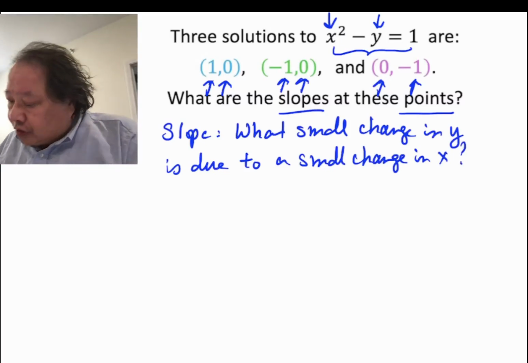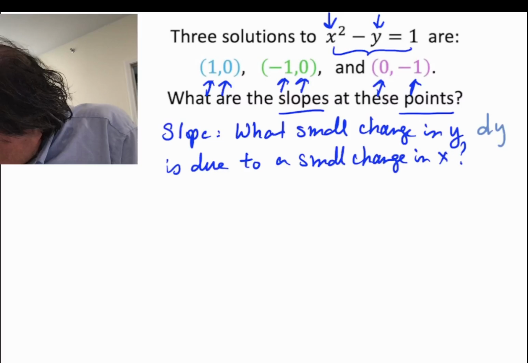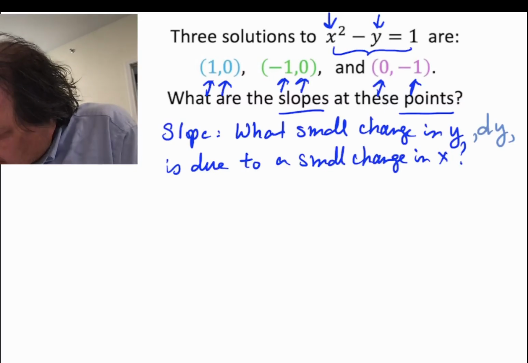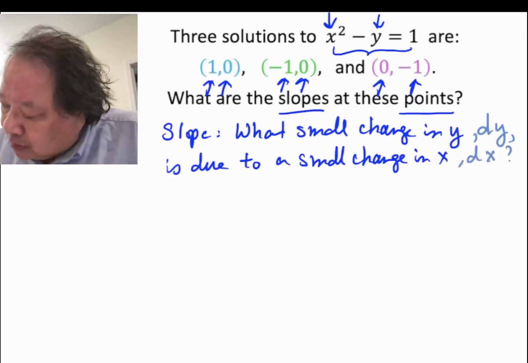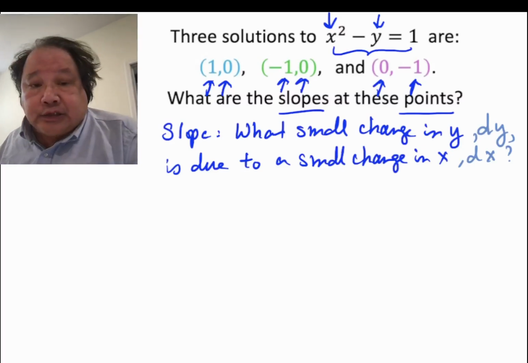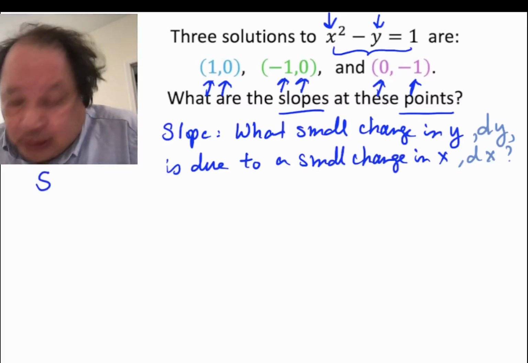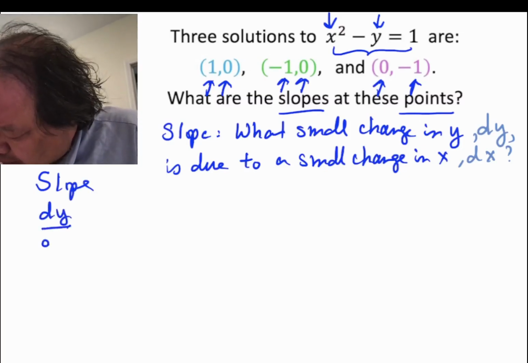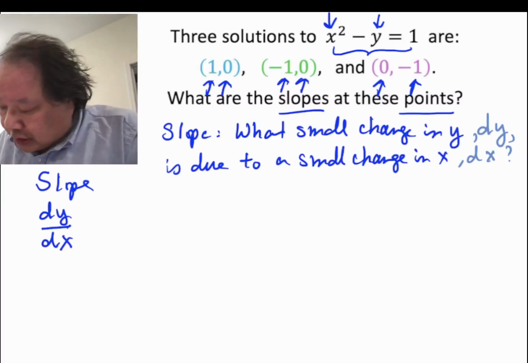And we're going to call the small change in y dy, and we'll call the small change in x dx. And the slope is actually the ratio of these two small changes. The slope is dy over dx, the small change in y caused by the small change in x.